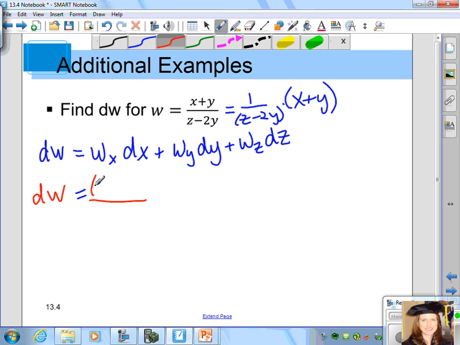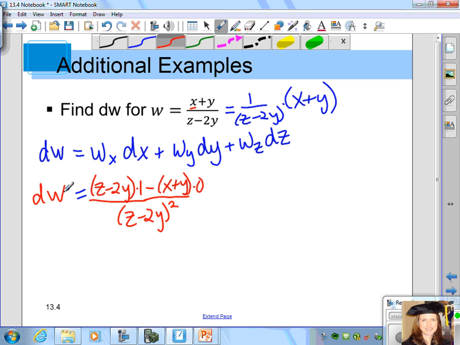We take the denominator, z minus 2y, times the derivative of the numerator with respect to x. X is the only thing you're treating as a variable here, so the derivative of x is 1. The bottom times the derivative of the top, minus the top, which is x plus y, times the derivative of the denominator. You're treating all of that as a constant, so you're going to multiply that by 0. You're going to divide by the denominator squared, z minus 2y quantity squared.